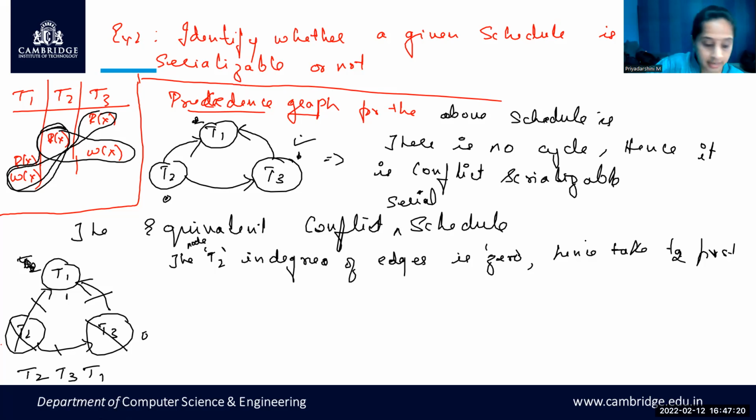Hence take T2 first and cancel the node T2 with the respective outgoing edges. The handwriting is not coming out better.